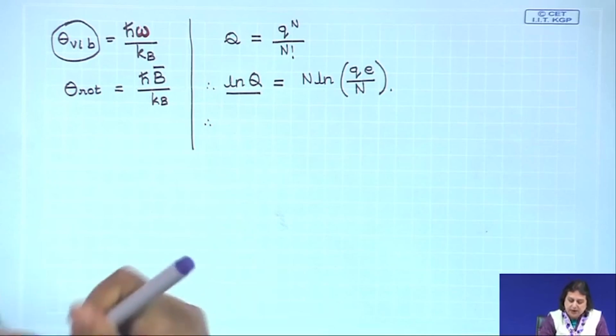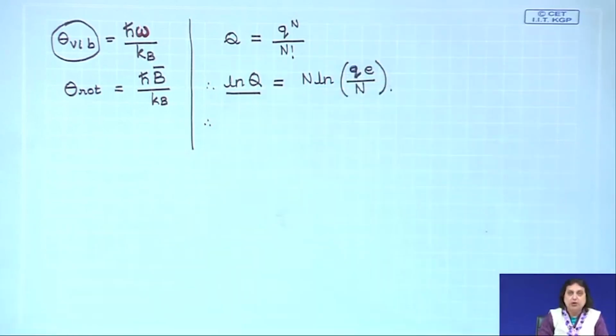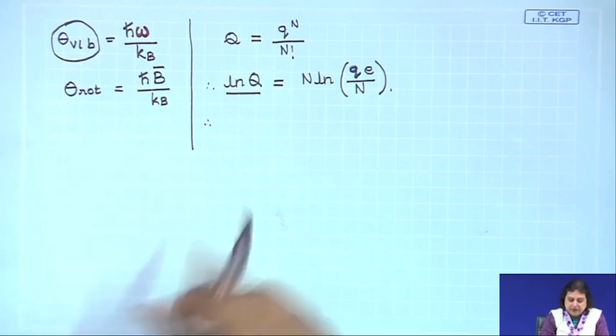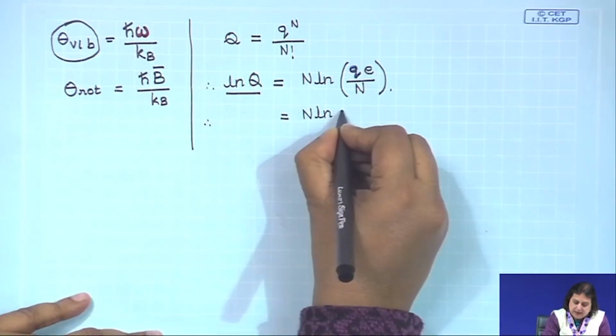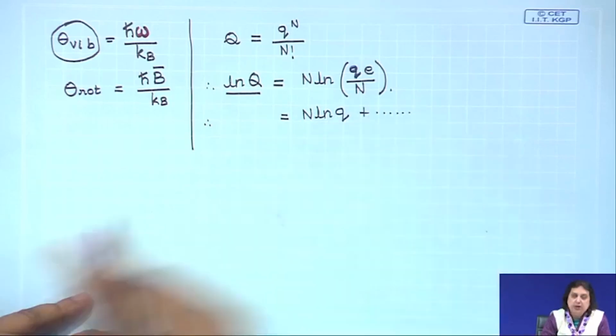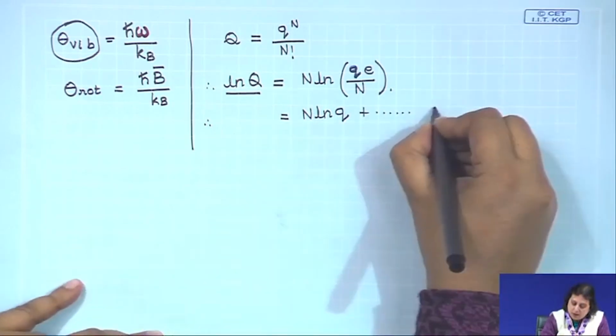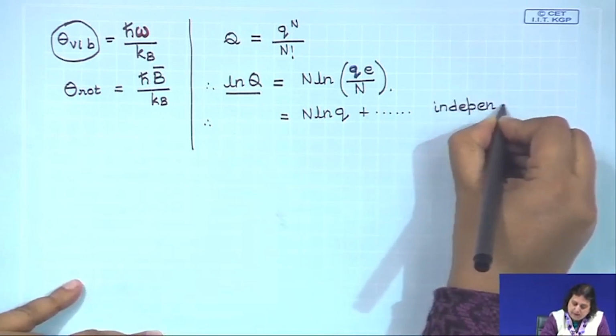As you see, the only term where the volume would appear is small q. So, I would say that ln Q is something like capital N ln small q plus other terms which are independent of volume.